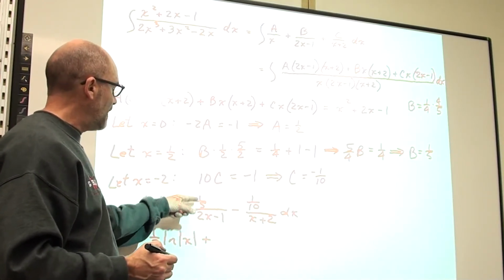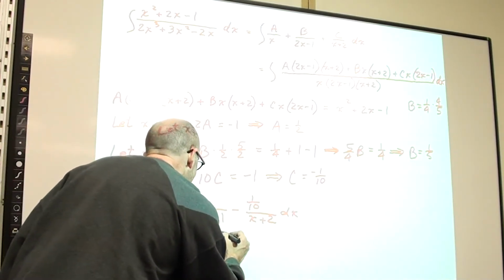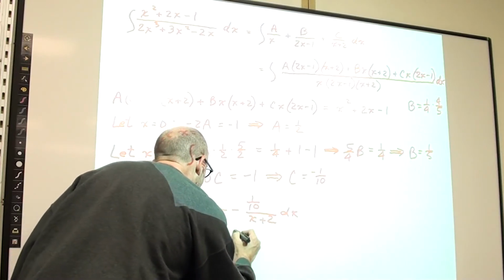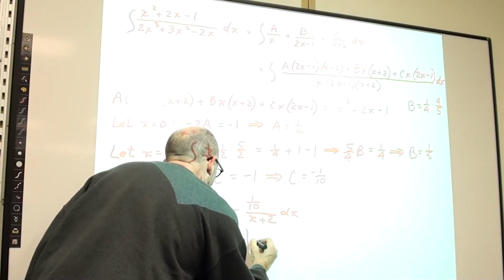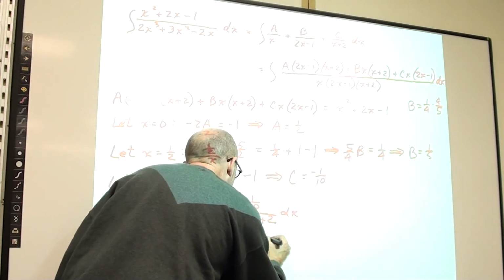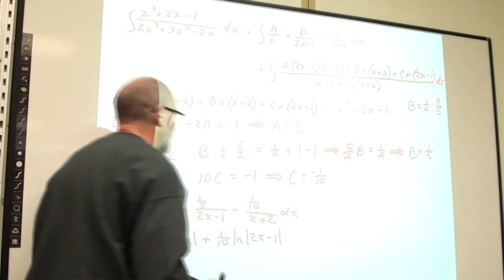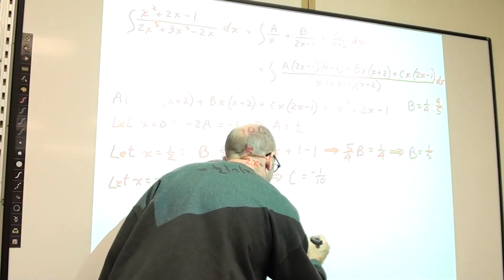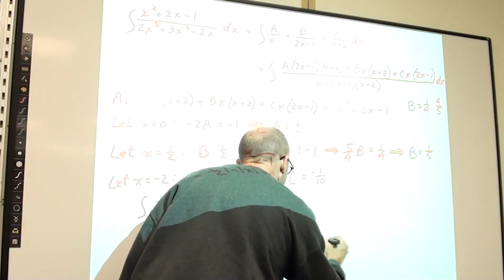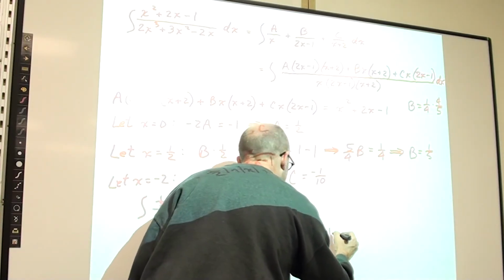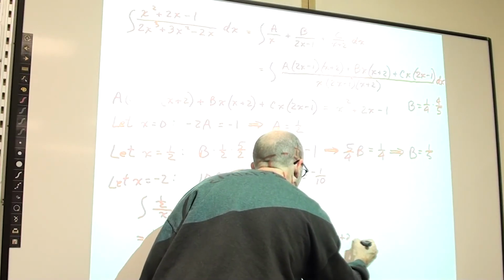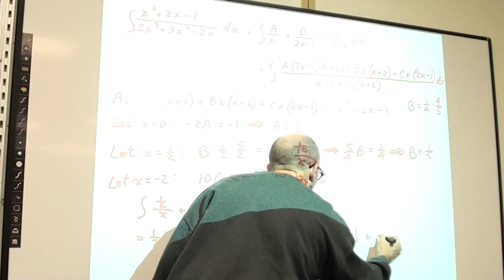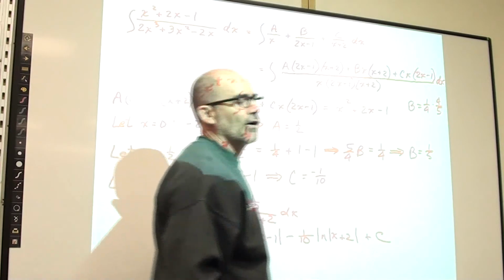So it's going to be 1/5 times 1/2 is 1/10 natural log of the absolute value of 2x minus 1, minus 1/10 times natural log of x plus 2. Of course, we would never forget our plus c.